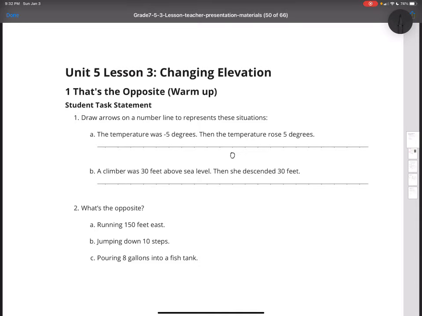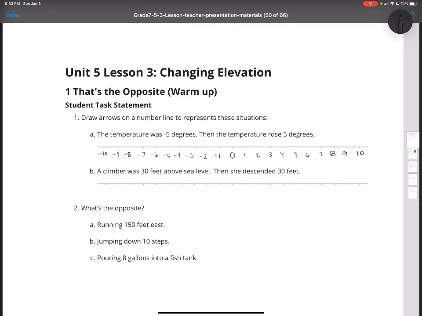I'm starting with my positive side, which is to the right of 0: 1, 2, 3, 4, 5, 6, 7, 8, 9, 10. Now, to the left of 0, I want to do my negative numbers: negative 1, negative 2, negative 3, negative 4, negative 5, negative 6, negative 7, negative 8, negative 9, negative 10.